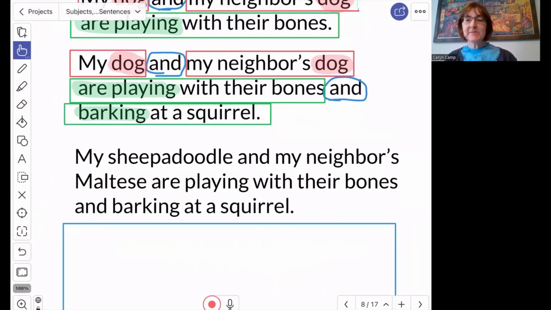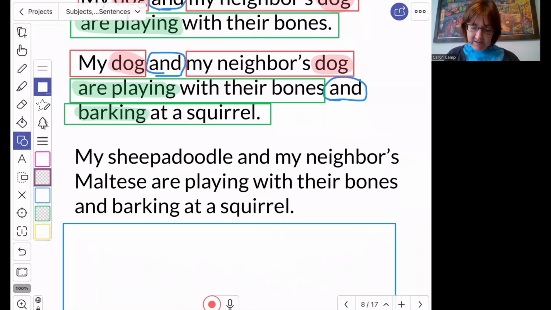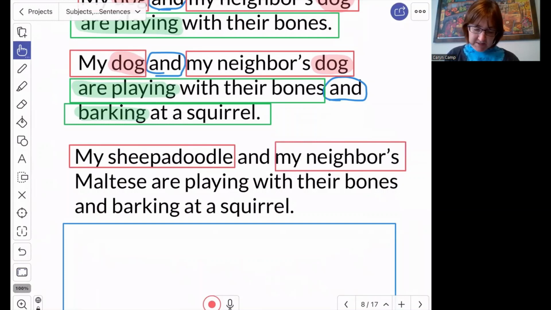Oh, this is the same sentence, but we decided we wanted to have 2 different simple subjects. We didn't want dog and dog. So we changed it to my sheepadoodle and my neighbor's Maltese are playing with their bones and barking at a squirrel. So we can fix that here. We can say that my sheepadoodle is subject number 1. My neighbor's is all part of my neighbor's Maltese. It's all part of the next subject.